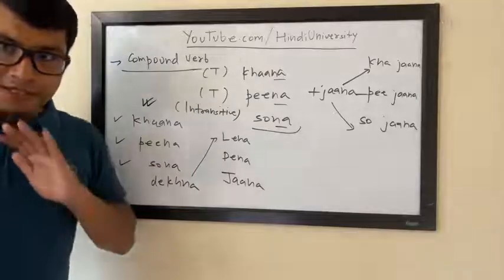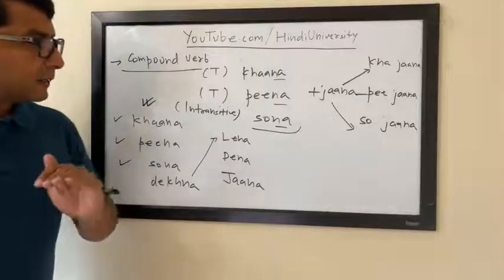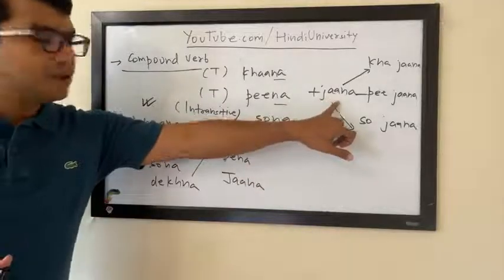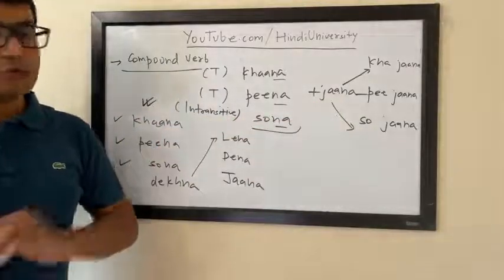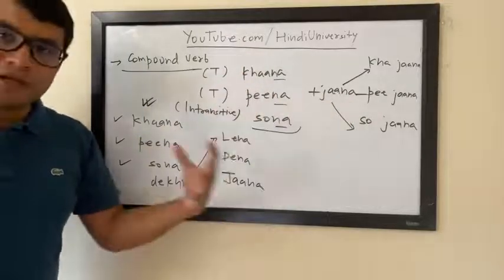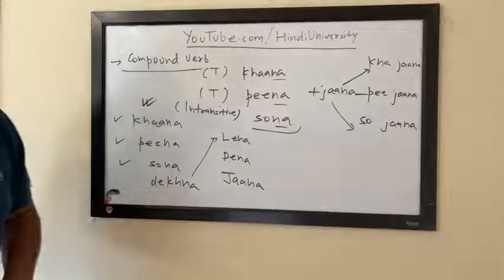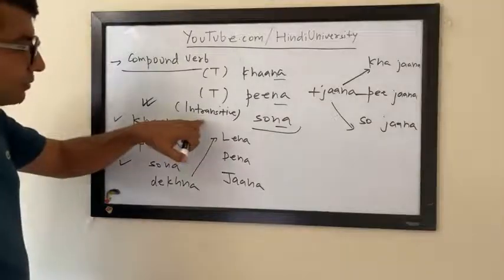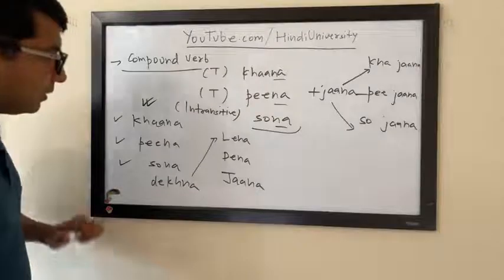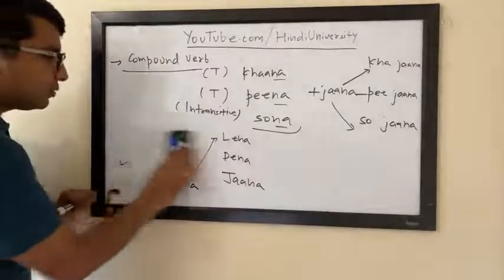So that's going back to the basics. We are learning how to make compound verbs using jana as an auxiliary verb, which means jana is used with some other verbs, and we will study the effect of it. If these terms, intransitive and transitive, sound too intimidating, don't worry as of now, and let's go one by one.